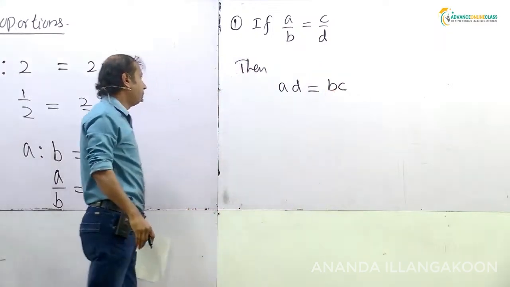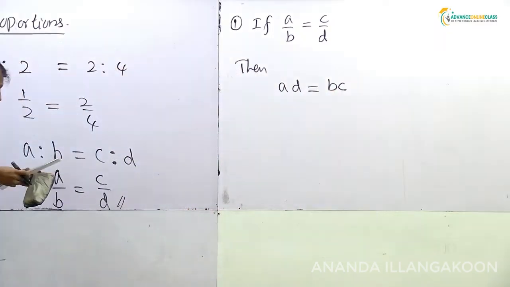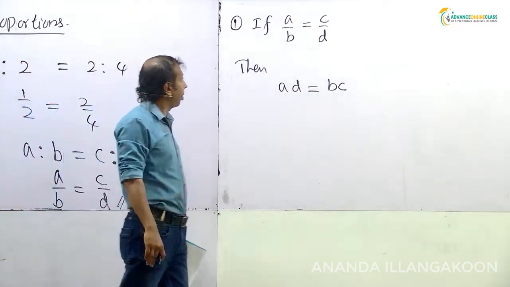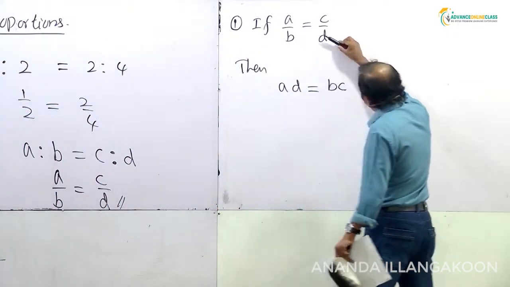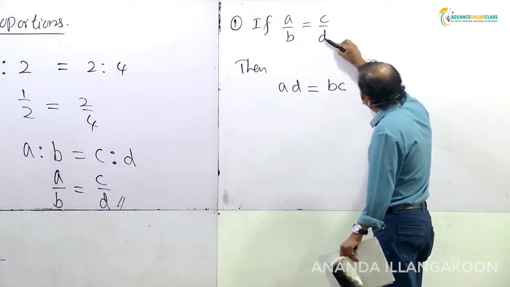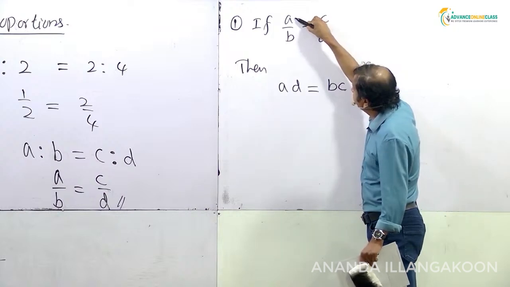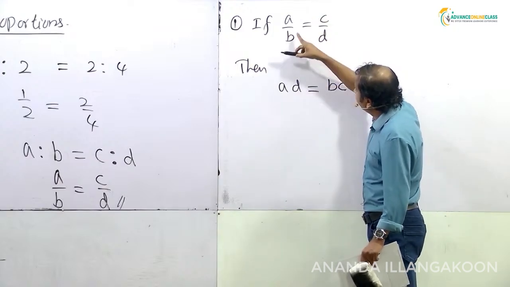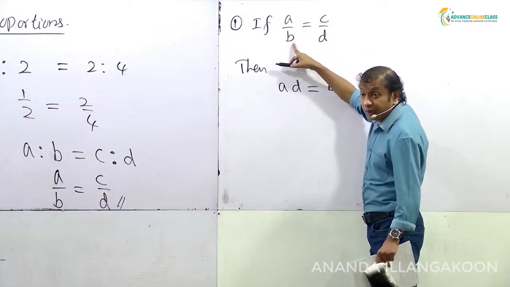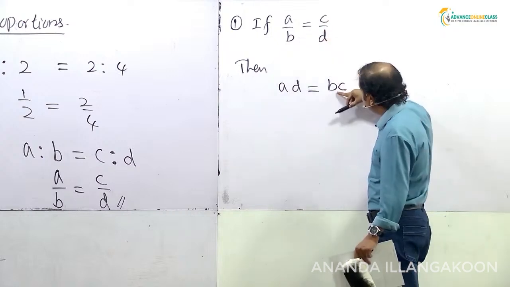AD equals BC. What is this, people? The right hand side denominator we can bring where? Here. That's how we get AD. The left hand side denominator you can bring where? Here. That's how we get BC.